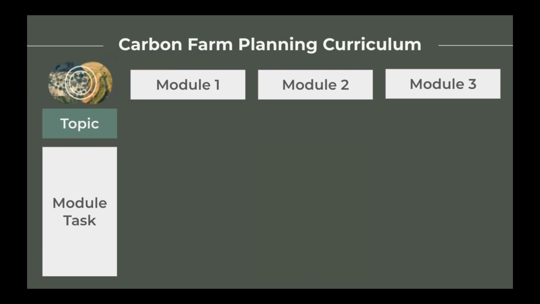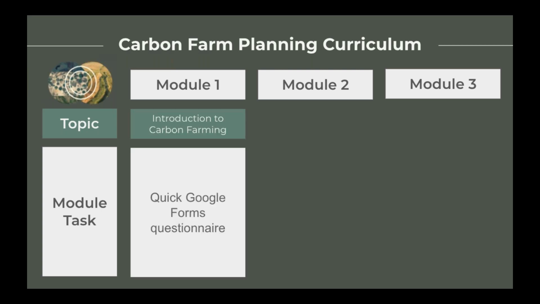Within the modules, we've also created a set of tasks at the end of each module to help users assess their understanding of the materials presented. Module 1 is a quick Google Forms questionnaire addressing the introduction or the background, and users who select to view their score at the end will also view individualized feedback for each of their answer choices.